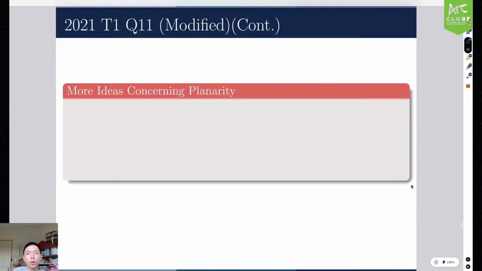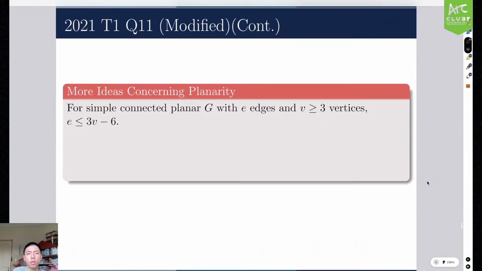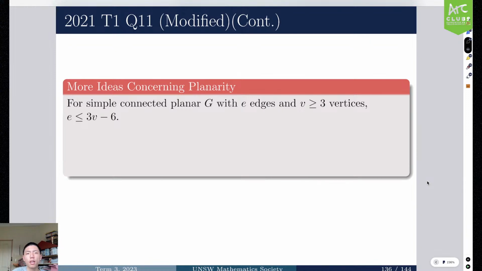So just a few more points on planarity, right? If we have a simple connected planar graph G that has E edges and V vertices, we have this inequality that may come up in your exam. It is pretty useful to be aware of this: the number of edges in that simple connected planar graph has to be less than or equal to 3v minus 6.